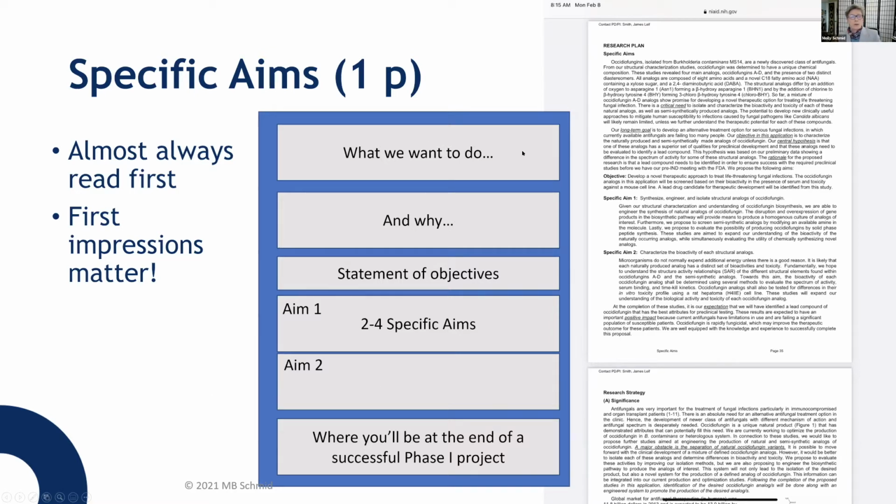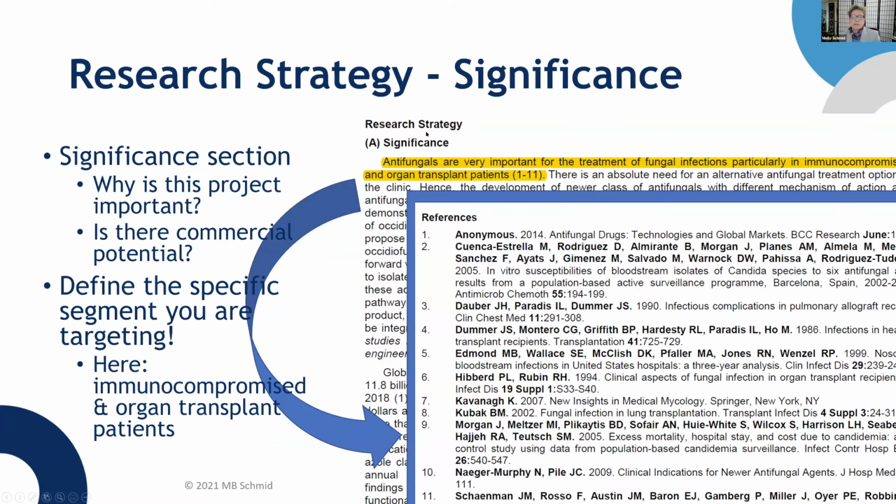All right, so taking a look at the next section, this is the 6-page research strategy section that's split into 3 distinct sections: significance, innovation, and then approach. And those are 3 of the 5 review criteria that the NIH reviewers use to rank your proposal.